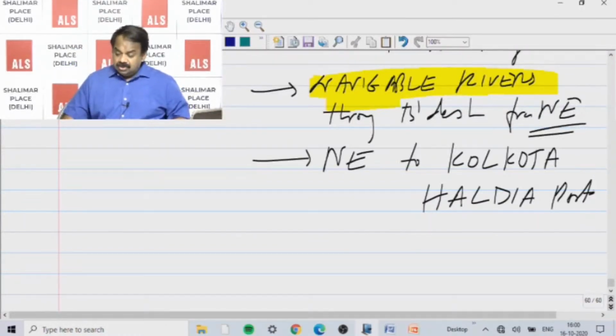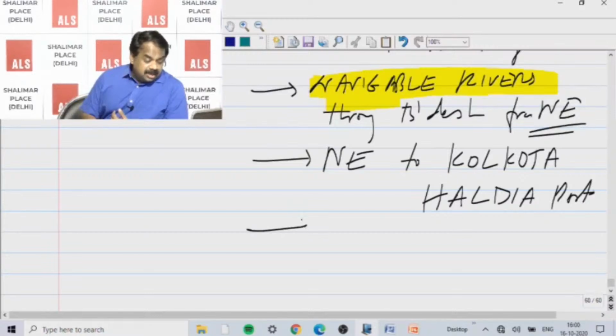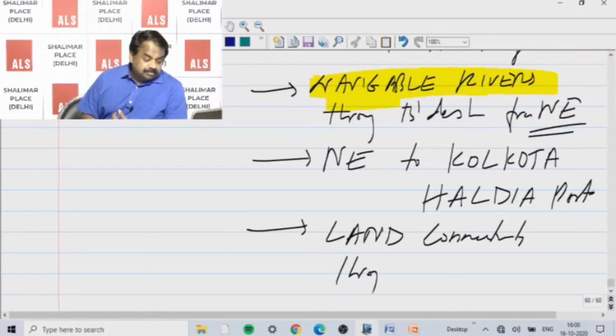And also, another point which we can always talk about is land connectivity through Bangladesh.